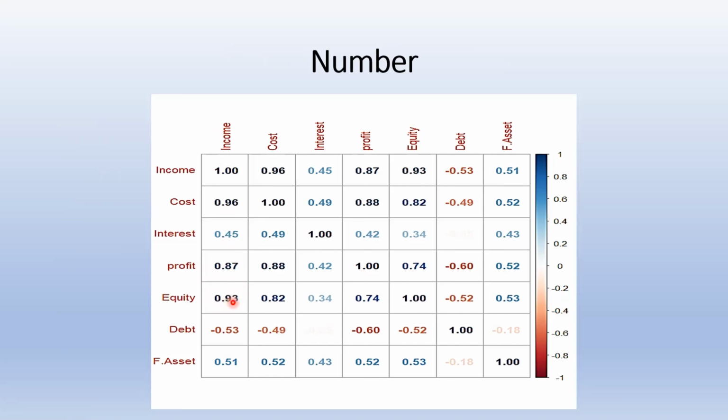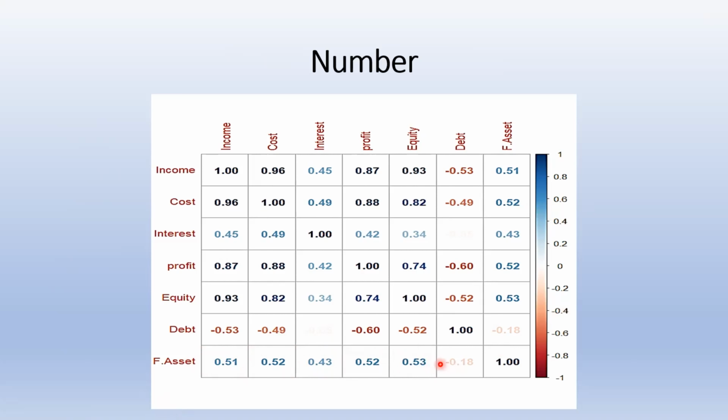Now in this region, the correlation coefficient is half of 1, that is 0.50. So the color is much lighter, and you can find the colors for 0.50 in this region: 0.51, 0.52, 0.43, 0.52, and 0.53. So for all these 5 numbers, the color is very light blue.